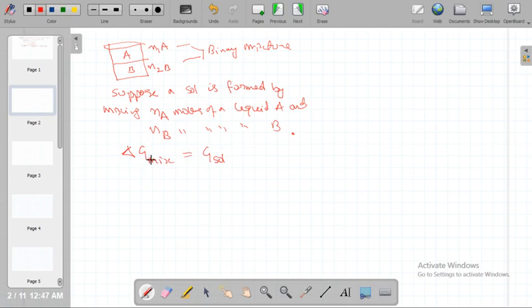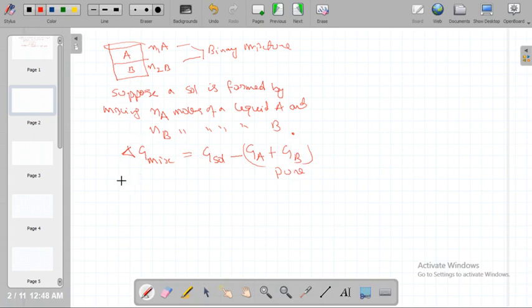That means the change in free energy is equal to the Gibbs energy of the solution minus the Gibbs energy of the pure solvent, Ga or Gp. This is a solution and this is pure.